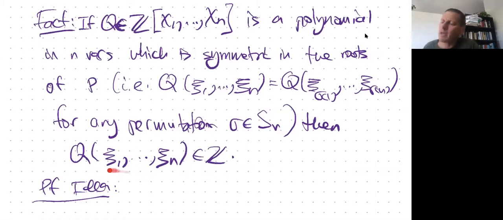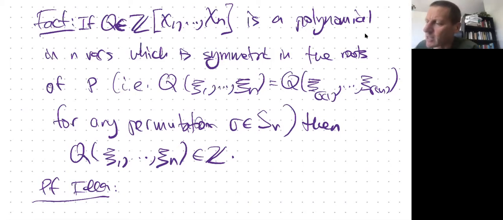And then the outcome, when applying this polynomial to the xi's, is always going to be an integer. And what's the reason for this? I'm sketching the proof idea for those who have studied a little bit of this. It is sometimes covered in the first algebra course in second-year algebra, and sometimes it's not, but it is covered in the course on algebraic number theory, definitely.